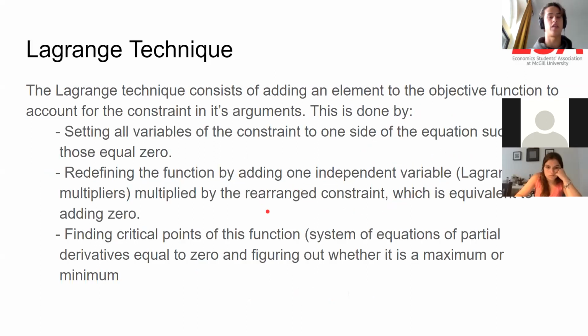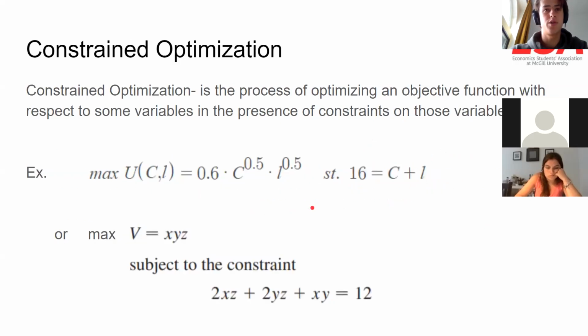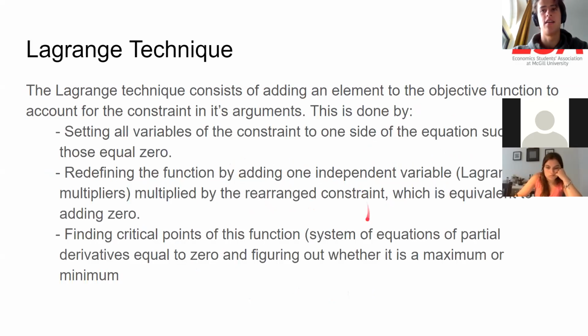We'll then look at all the different partial differentials with respect to all variables, so those being C in this case, L in this case, and the Lagrange multiplier, which we will see later on, which is represented by a lambda, I think.